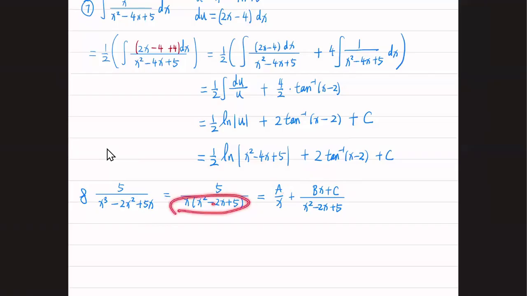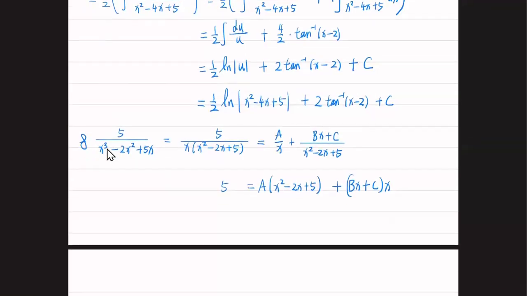If I multiply the left-hand side by this, I get 5. Multiply the first term by this, we cancel the x, left with a. And the second term, multiply by x, only x is left. Let's expand: ax squared minus 2ax plus 5a plus bx squared plus cx.